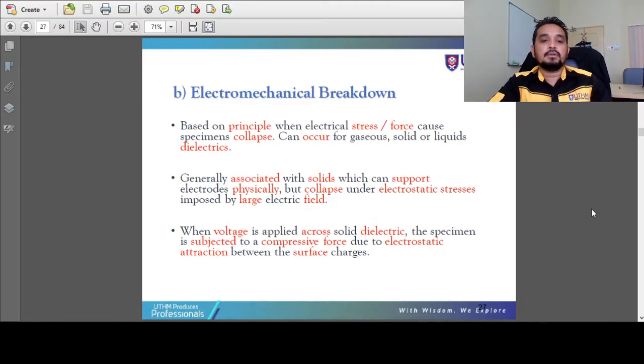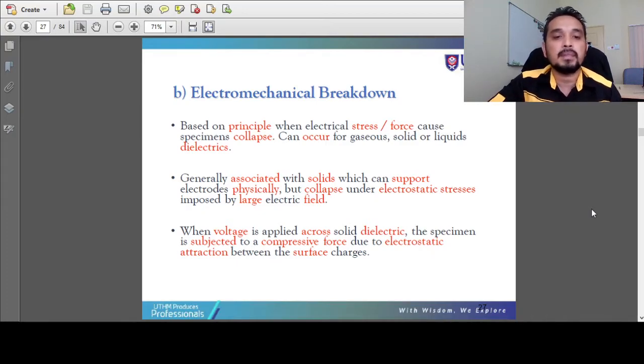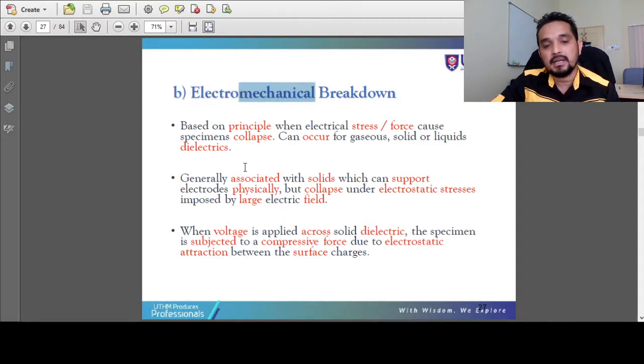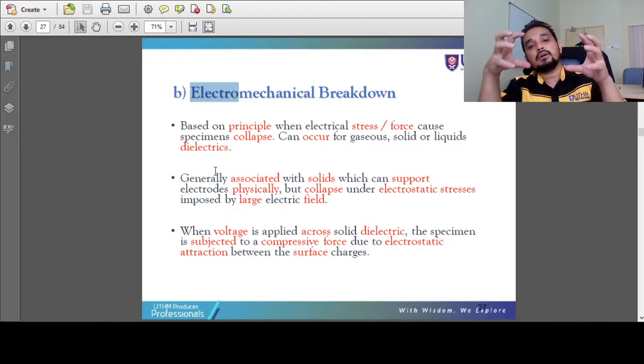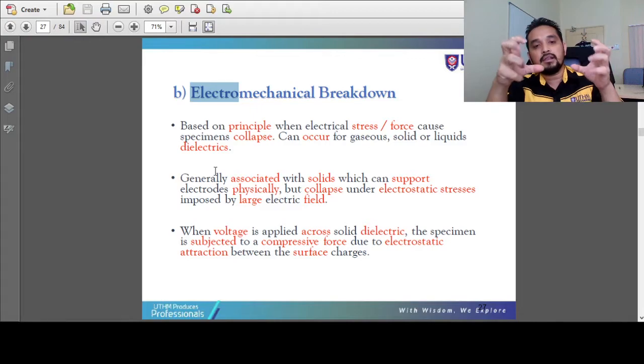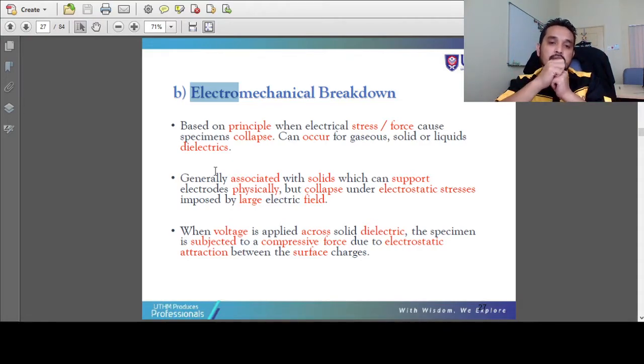Okay, now we look at the electromechanical breakdown. What is meant by electromechanical? Look, it's very simple. If you can see, this is the combination of the words electric and mechanical. Since electric is at the front, the electric field effect, the field stress effect, will lead to the mechanical effect on the solid.